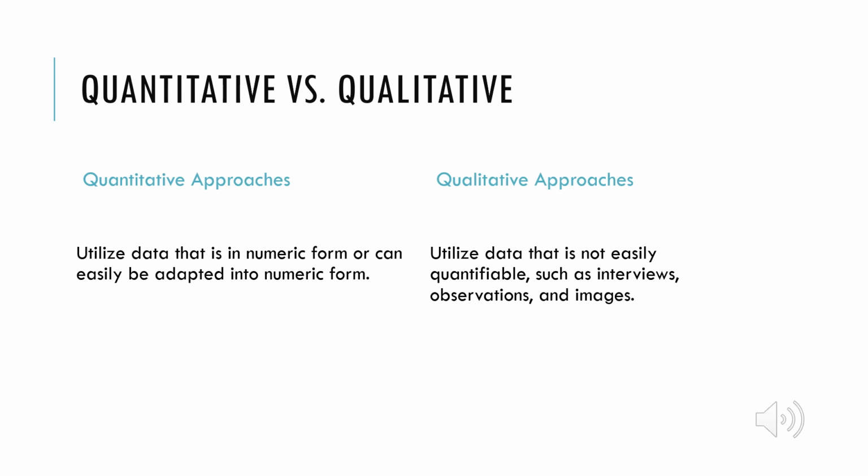The qualitative approach, on the other hand, is collecting data and observations that are not easily quantifiable, or the researcher does not want to quantify them. So this looks like interview data. The purpose of interviews is to get more information that's richer in detail and more nuanced than a quantitative survey would allow for. Observations could include ethnography or participant observation, as well as images that a researcher can conduct a content analysis on.